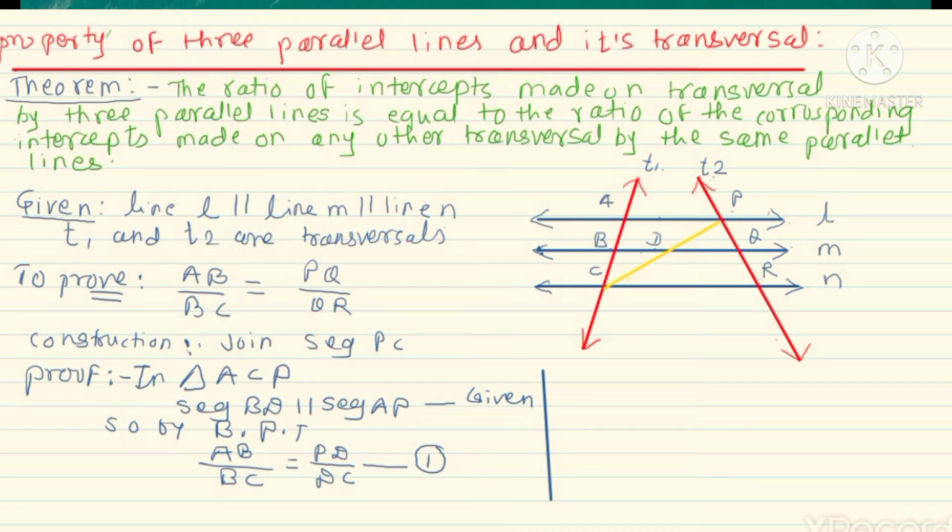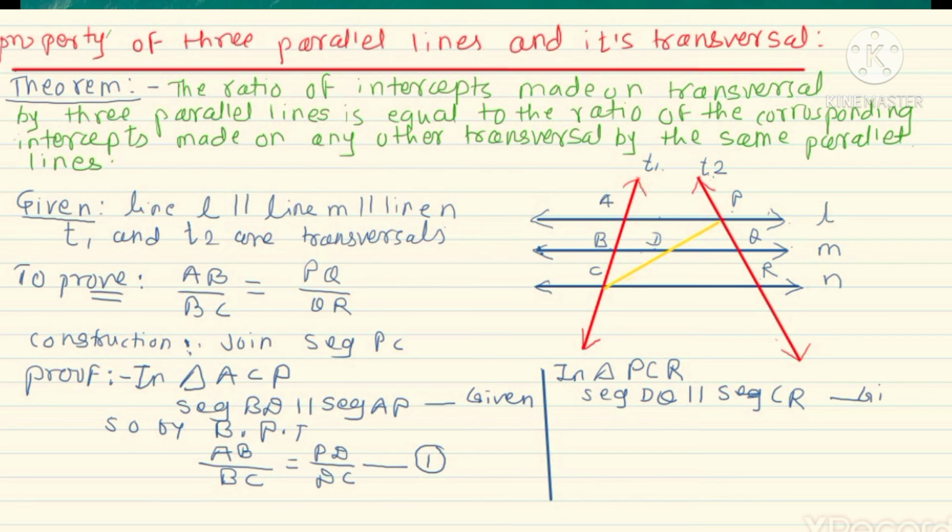So I am writing: in triangle PCR, segment DQ is parallel to segment CR.